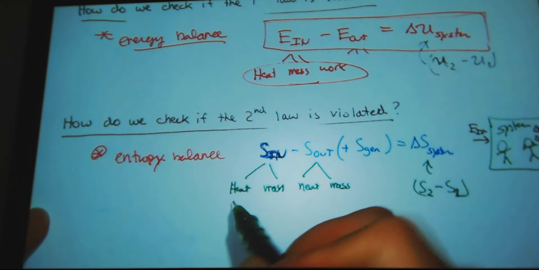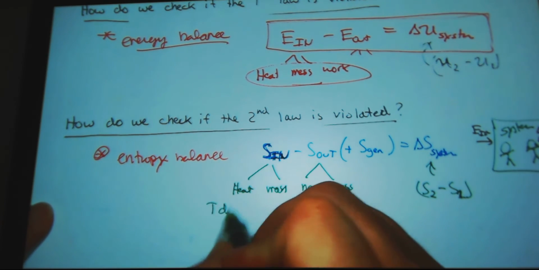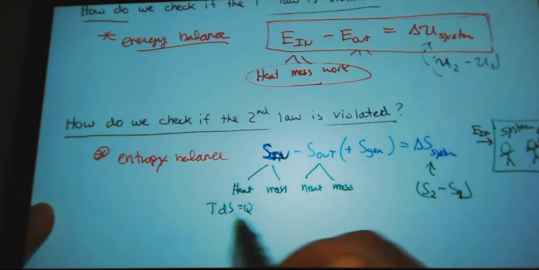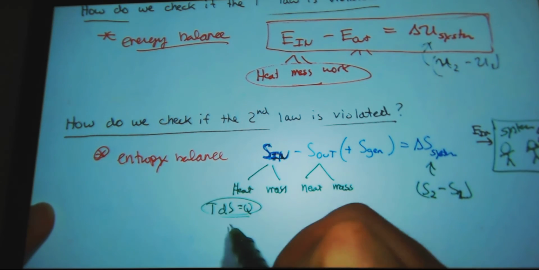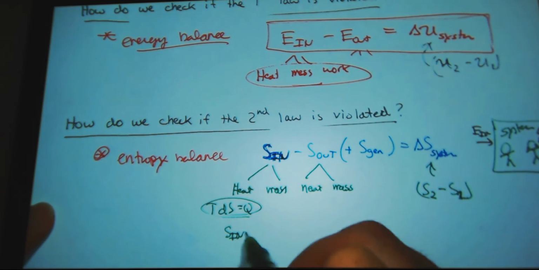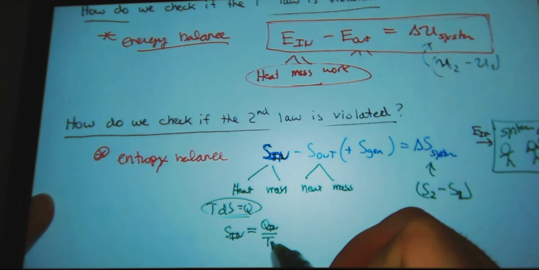And if you remember the TdS question form of the second law, what is entropy? Well, that's a TdS question. So from this, I can say that entropy in is going to equal Q_in over T, and I'll put a B there.